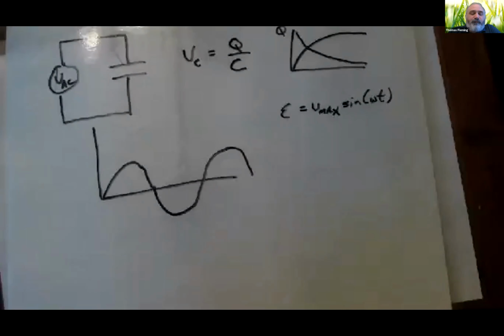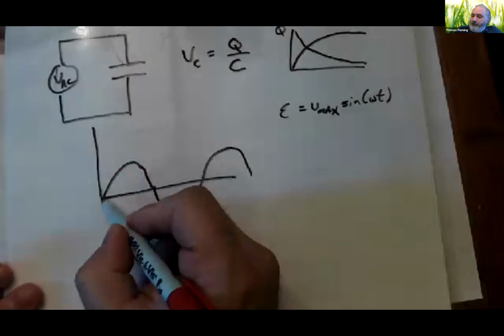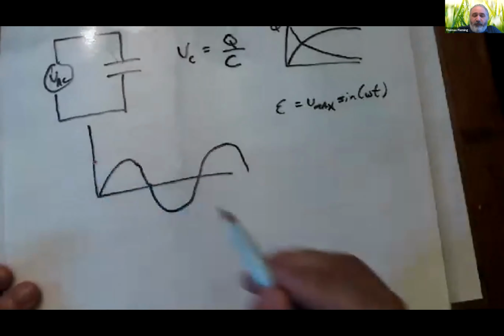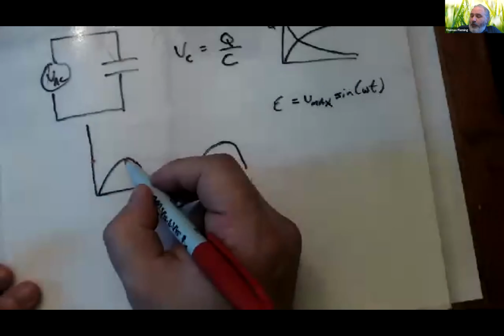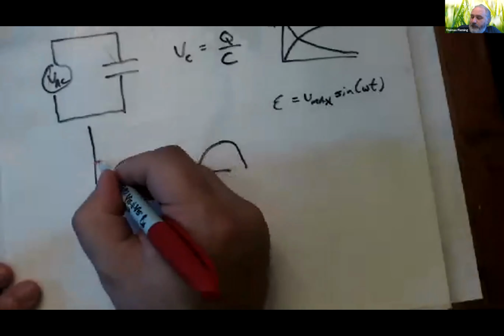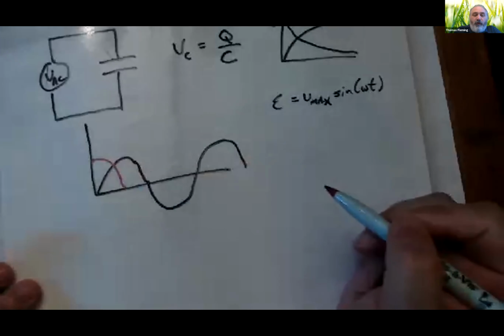And the way that's going to work is, the current has to lead the voltage. So when the voltage across the battery is still at 0, the current in my circuit is going to be really, really large. By the time the voltage reaches its peak, the current will have dropped down to 0.